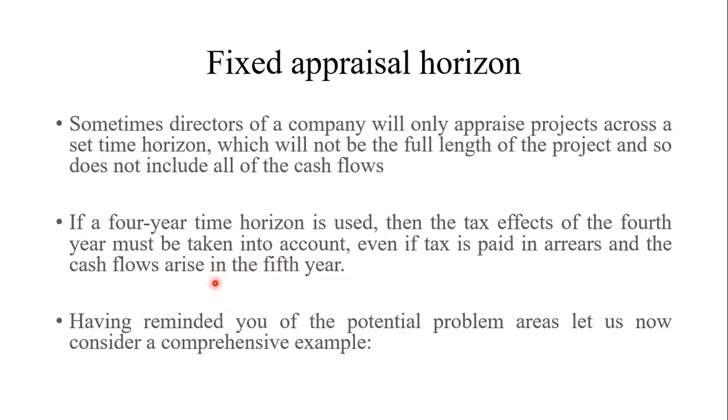So let's not forget, if the cash flow is arising in the 5th year, that is outside the 4 years, assuming 4 years is when the project is being appraised. Let's remember to also include the tax to be paid in the 5th year.